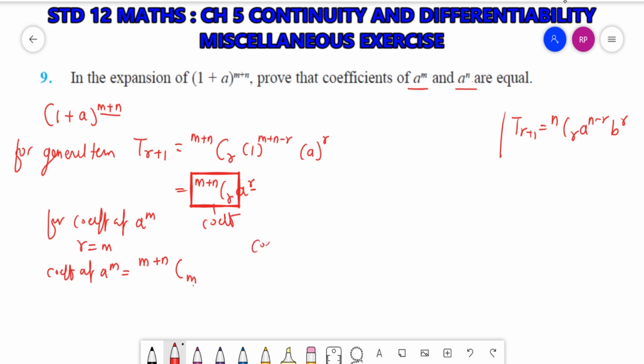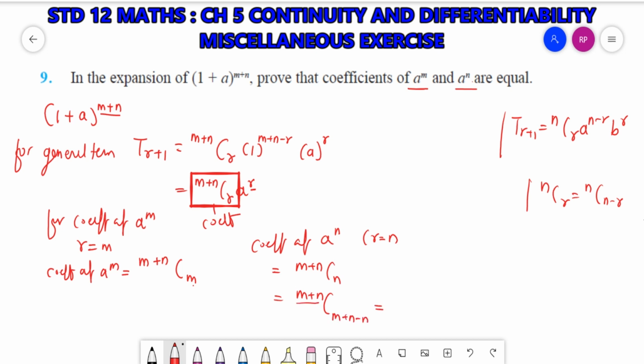Now the coefficient of a^n. For that r will be equal to n. So this will be equal to m+nCn. Now we know one formula that nCr is equal to nC(n-r). So we can use this here. m+nCn, so m+n-n.